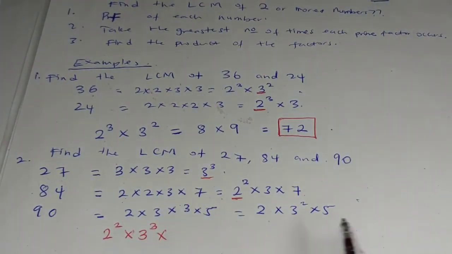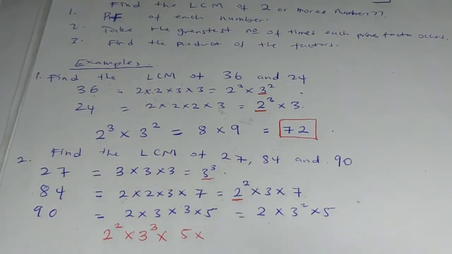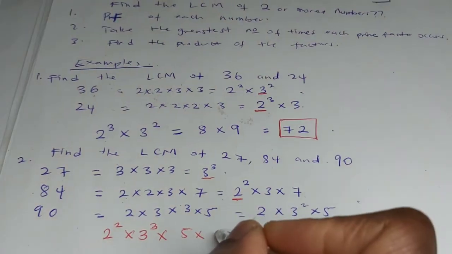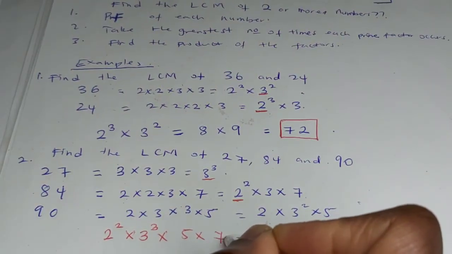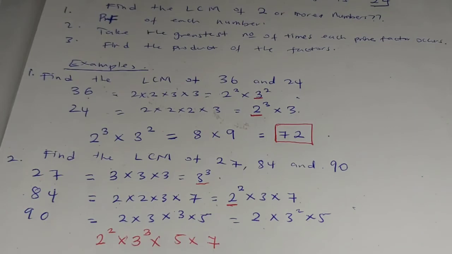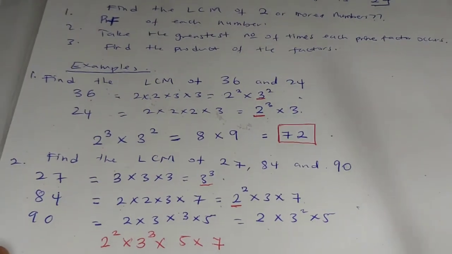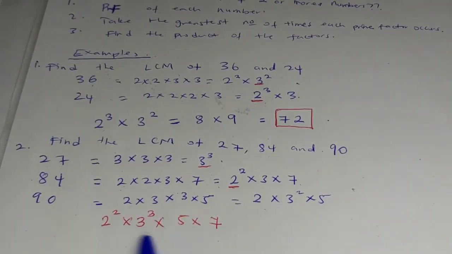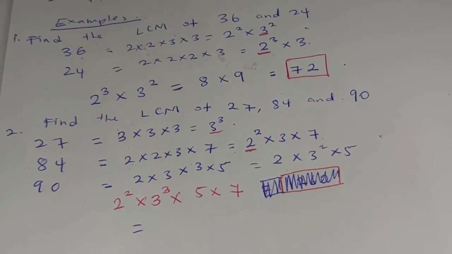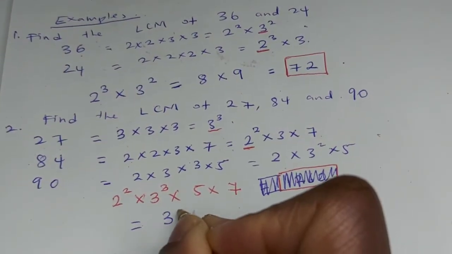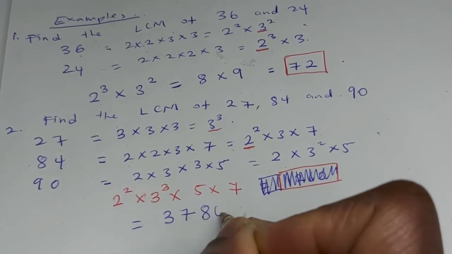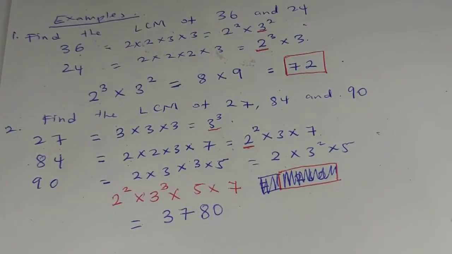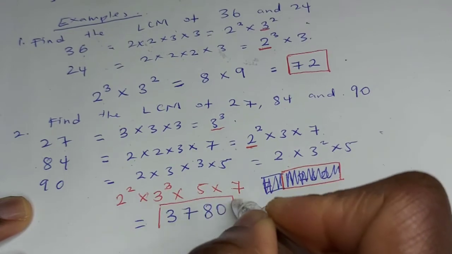Then we have 5, which appears only once, so times 5. And we have 7 also, so times 7. Then we find the product of all these, and we get 3,780. So that is the LCM of 27, 84, and 90.